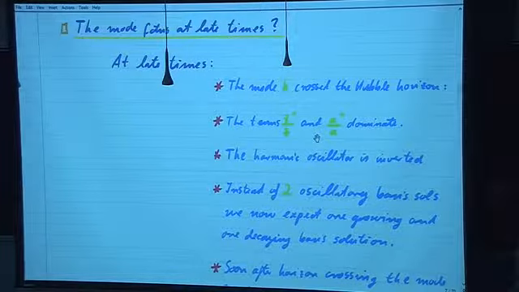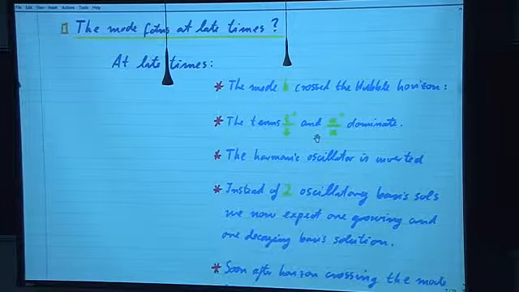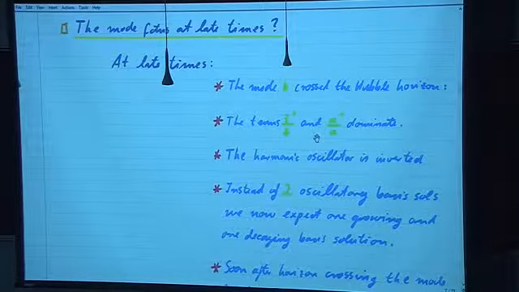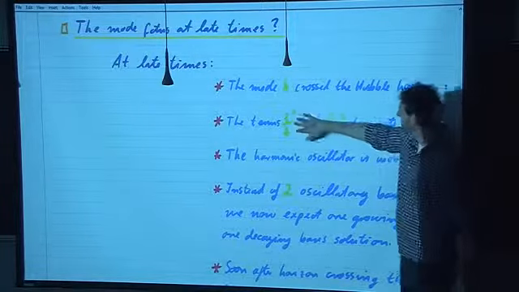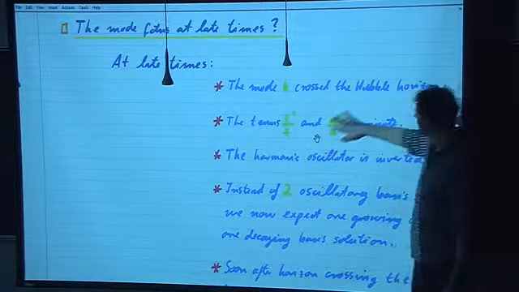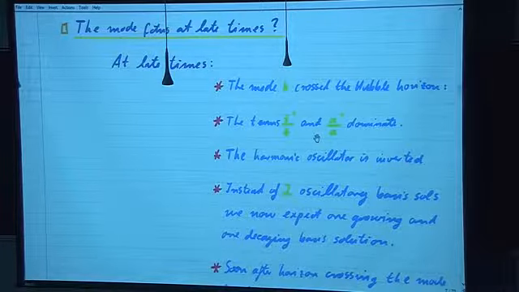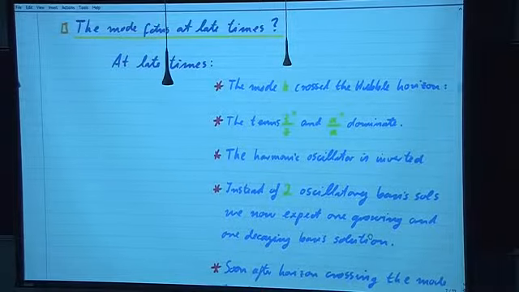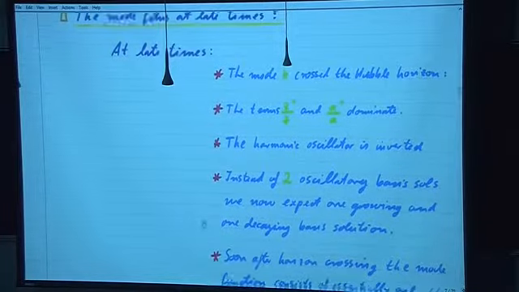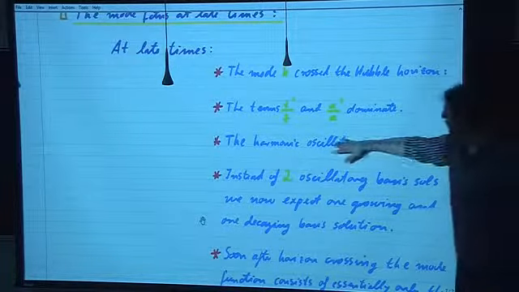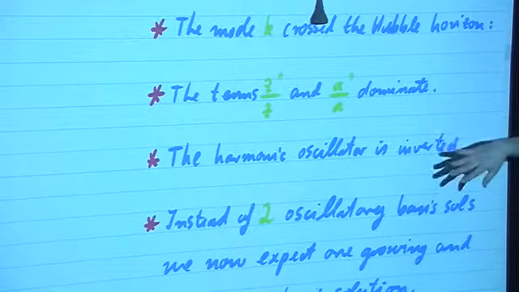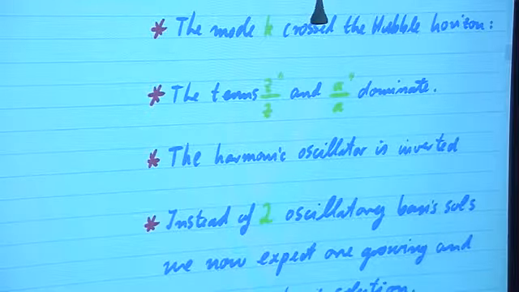At late times, when inflation is late or has already ended, the z double prime over z and a double prime over a terms dominate. And the harmonic oscillator in the equations of motion, in the Klein-Gordon equations, will be inverted because those brackets changed sign.